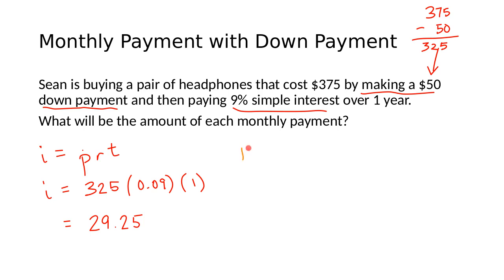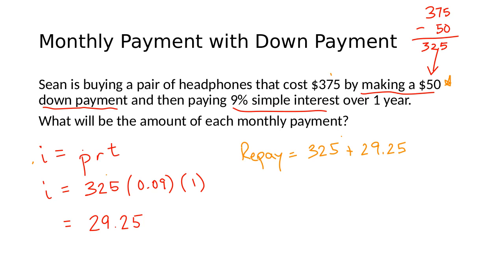What John's going to have to repay over the course of his payment plan is the $325 that he still owes on the headphones, plus the $29.25 in interest. Please note here, what he's repaying is the $325 that he still owes. The purchase price is no longer a factor because he lowered that amount by $50 by making that down payment. So when we calculated the interest, we used $325 because that's what he still owed after the down payment.